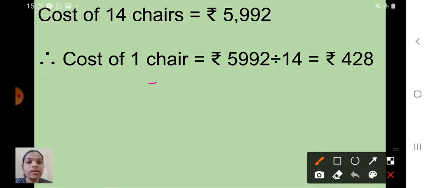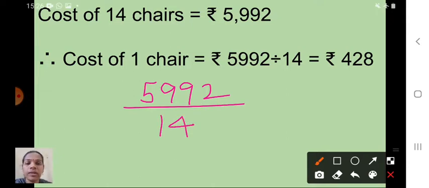See here children, 5,992 upon 14. Here you can cancel it with the help of the common factor. Otherwise you can also do long division, but I am using this method. What is the common factor of the first number and this one? 2. 7 2s are 14. In 5, how many 2s are there? 2 2s are 4.